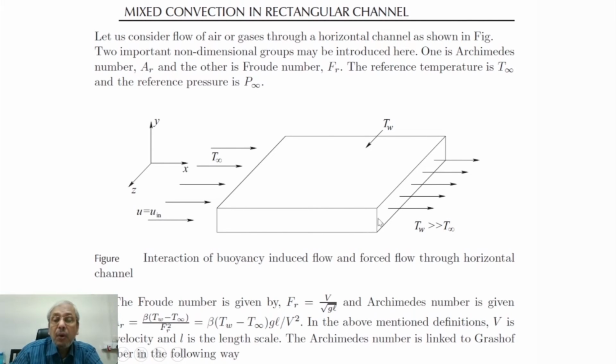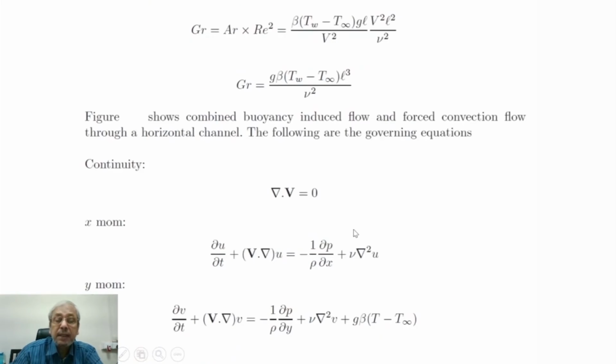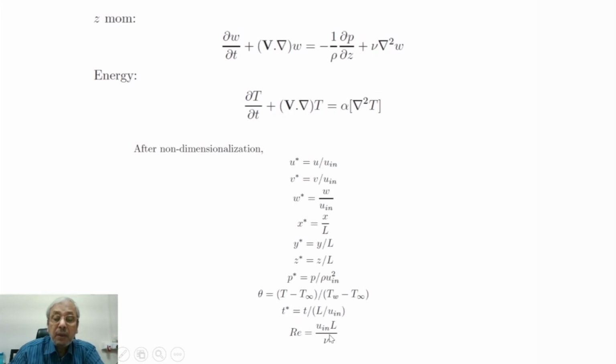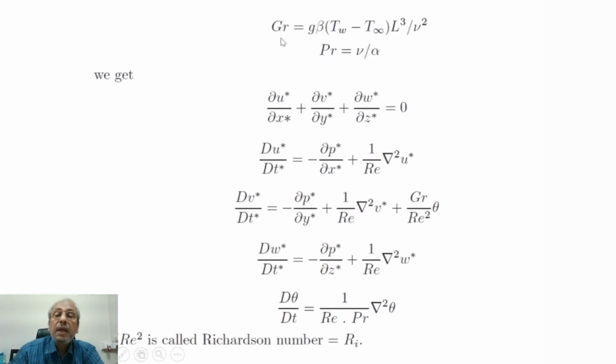But this flow character will be modulated when it enters the duct because of the temperature of the duct. And this is how we formulate. So these are the non-dimensional quantities. Grashof number will be involved, which is given by g beta, temperature difference, length cube by nu square, and Prandtl number.